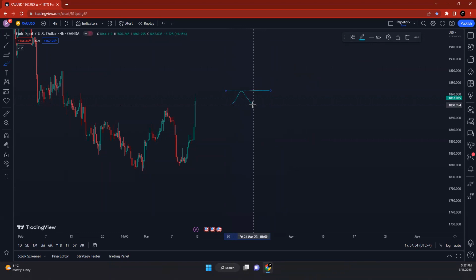Now you have a breakout, right? Now, let's say I will give you another confusion. You have another level up, and then you break above. Now, this retest is low probability.